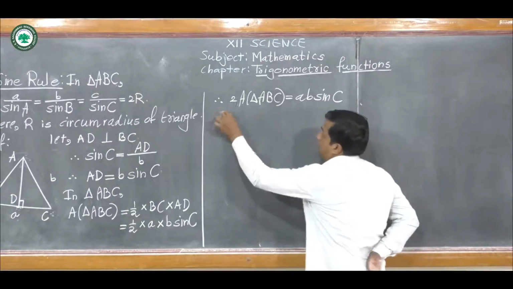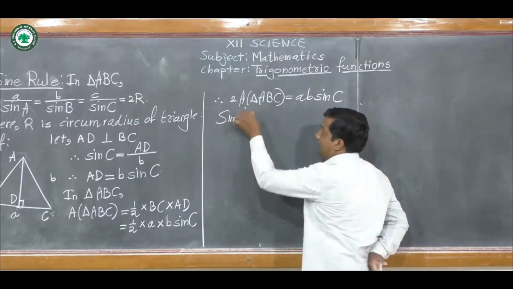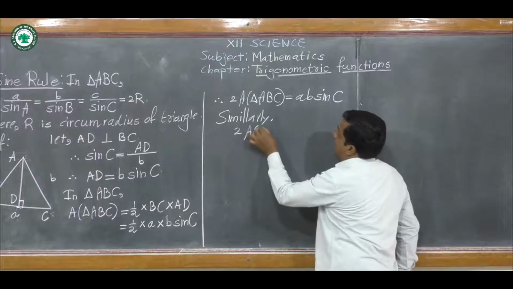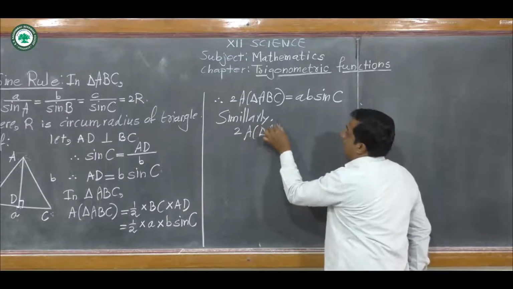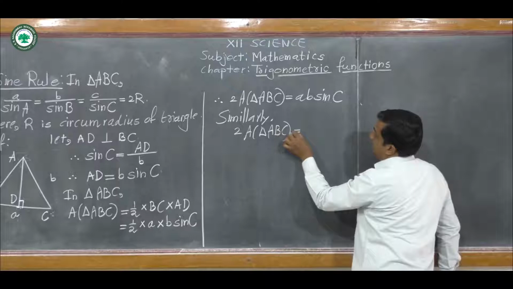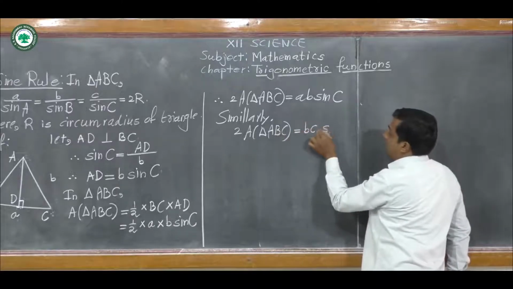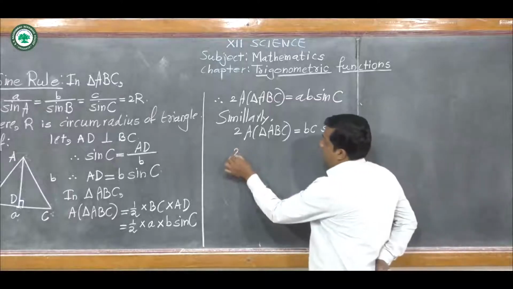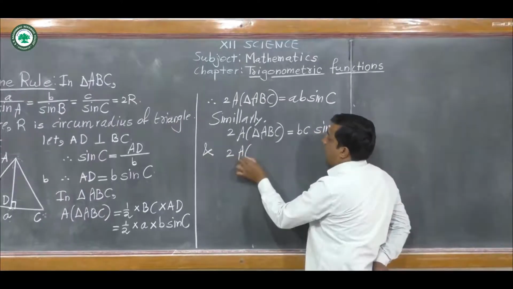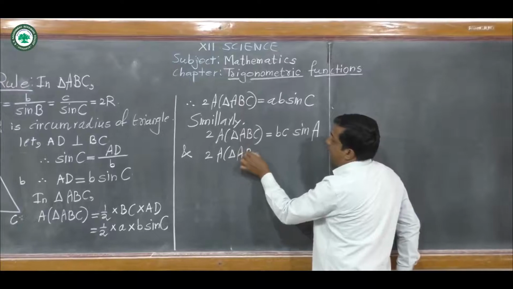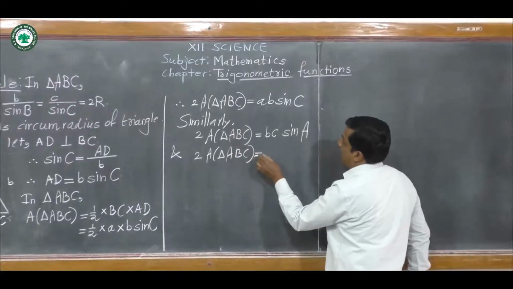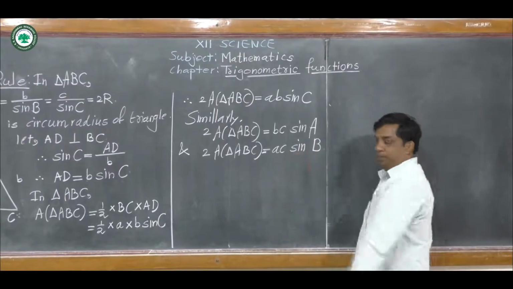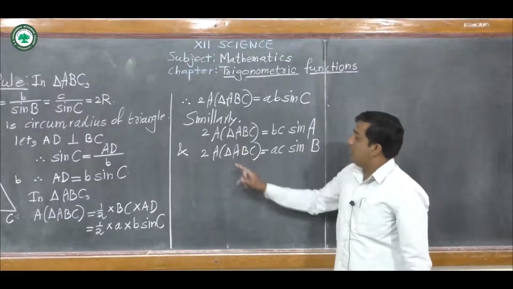Similarly, we can prove 2 times area of triangle ABC is equal to BC into sine A, and 2 times area of triangle ABC is equal to AC into sine B. Similarly, we prove these two.